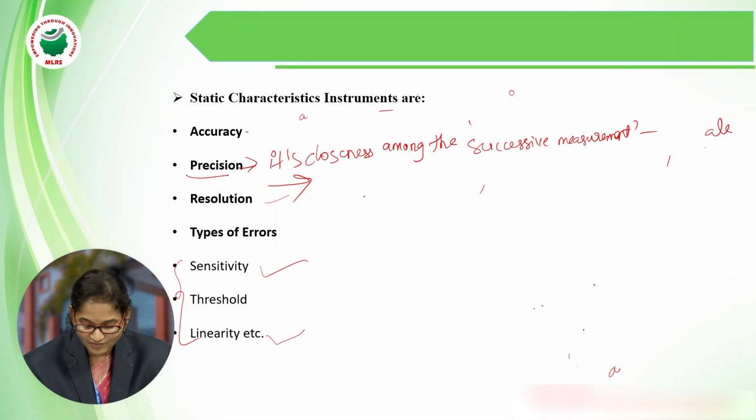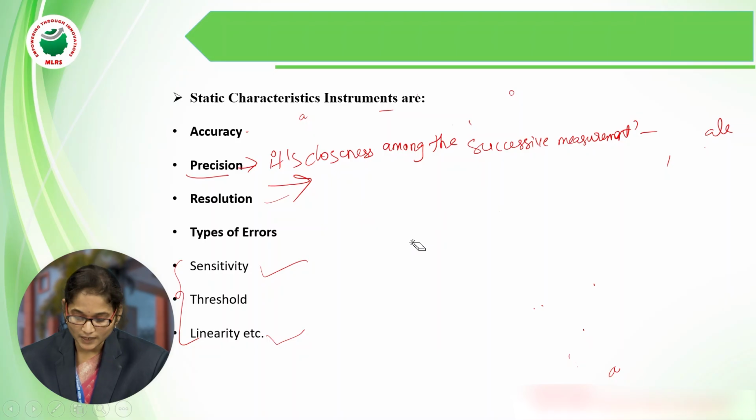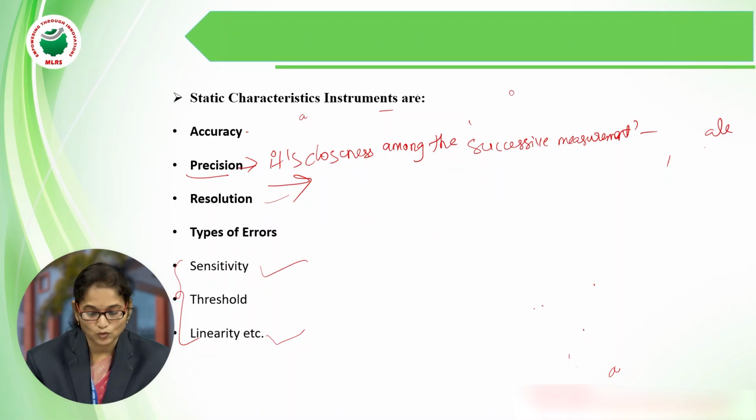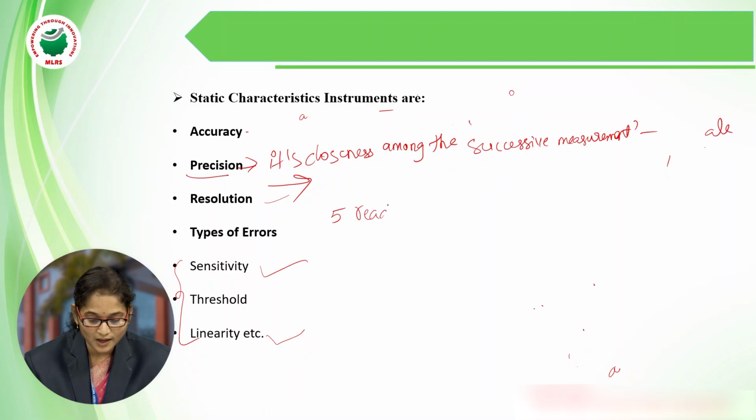For example, if I have 5 readings when measuring the resistance of some value, the values are very close to each other.